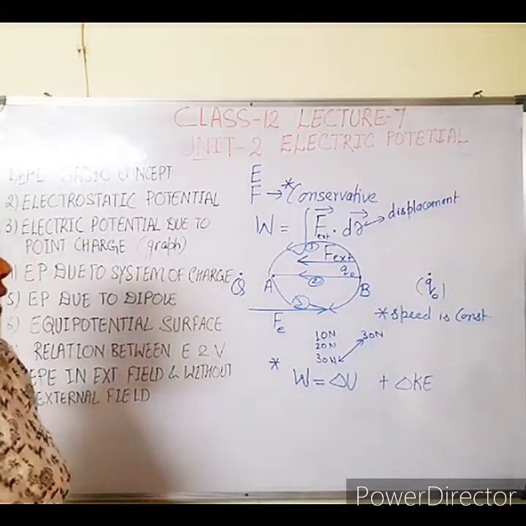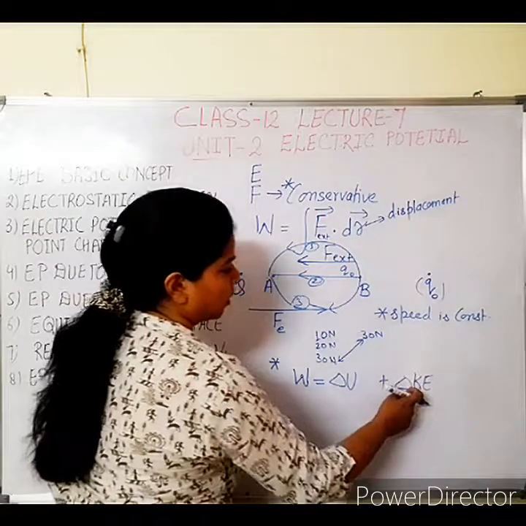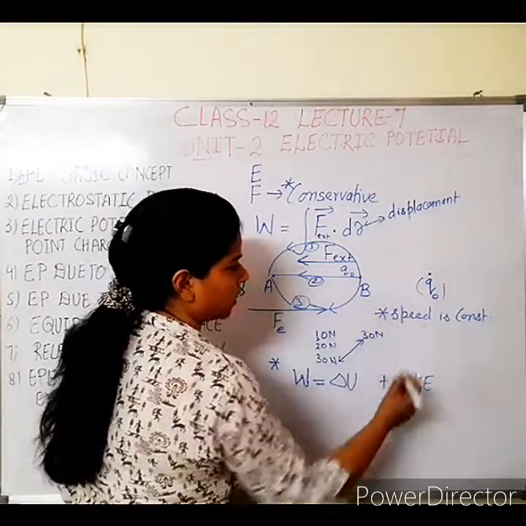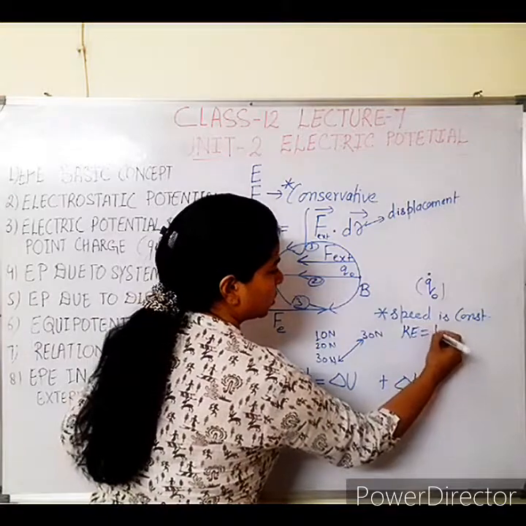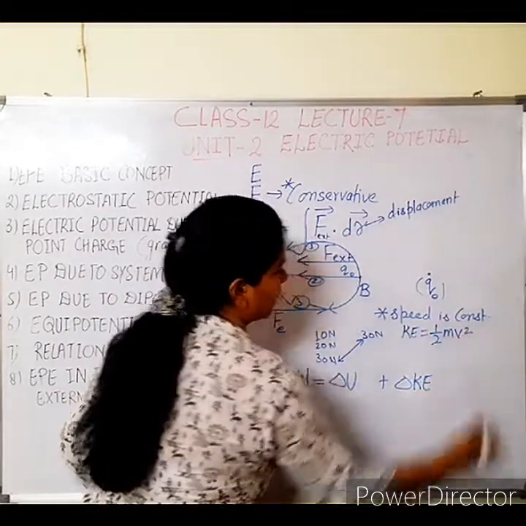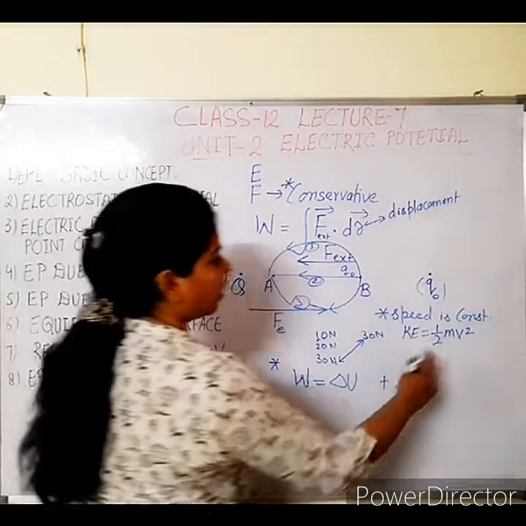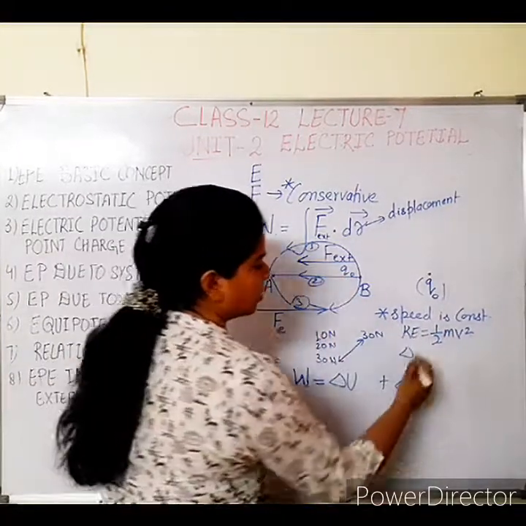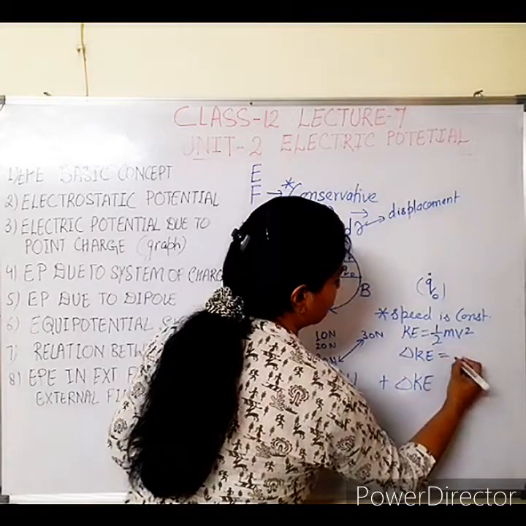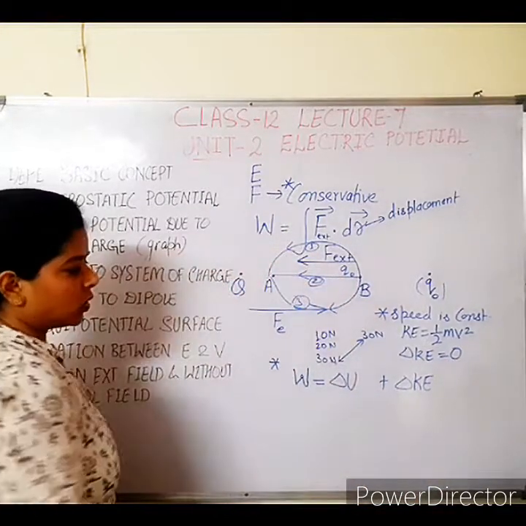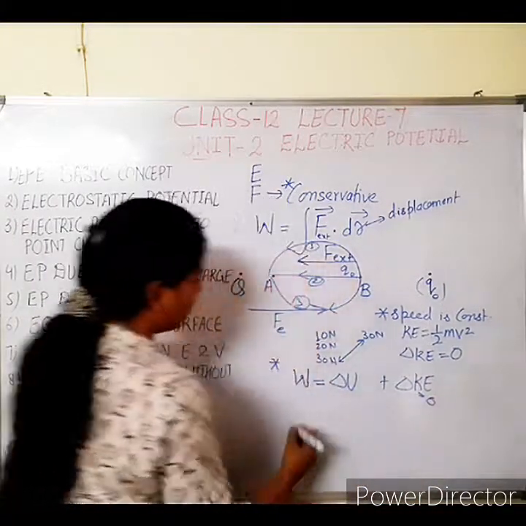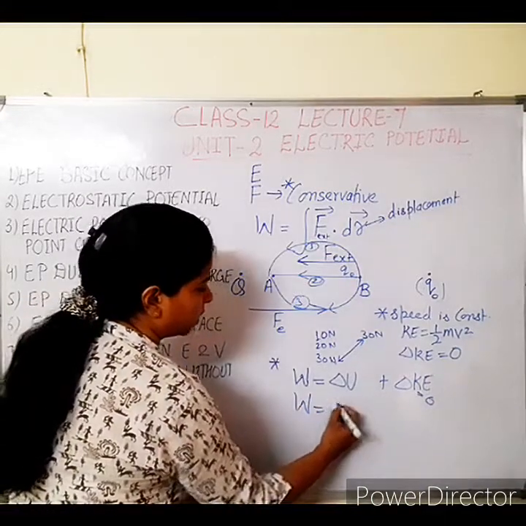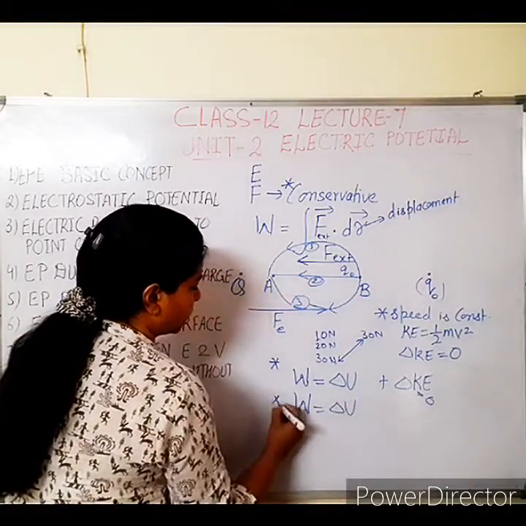Change in potential energy and change in kinetic energy. Now you can see that kinetic energy should be constant because the speed is constant. Kinetic energy is equal to half mv squared. If v is constant and mass remains constant for this test charge, the change in kinetic energy should be equal to 0. So the second term becomes 0, and the whole work is converted into change in potential energy.